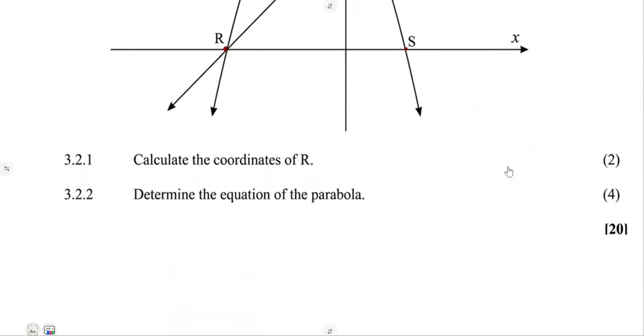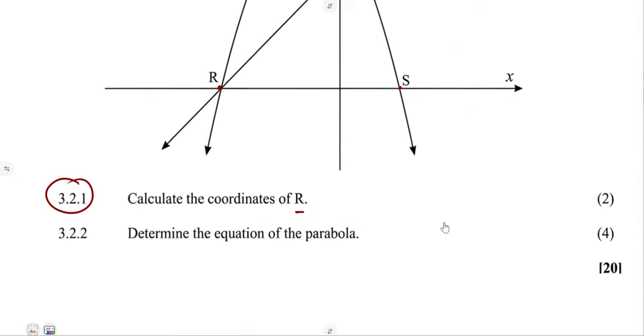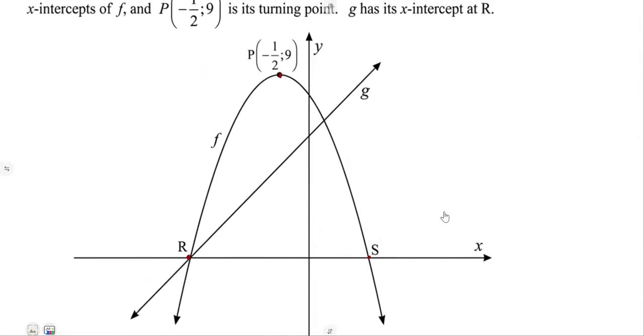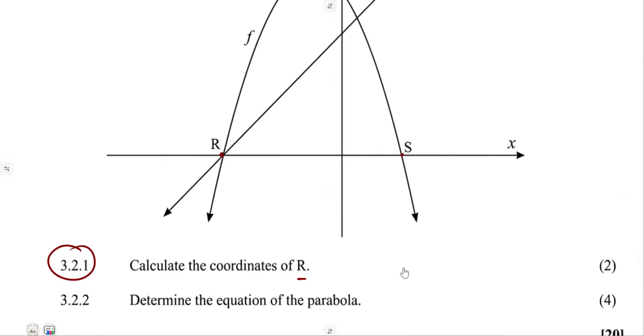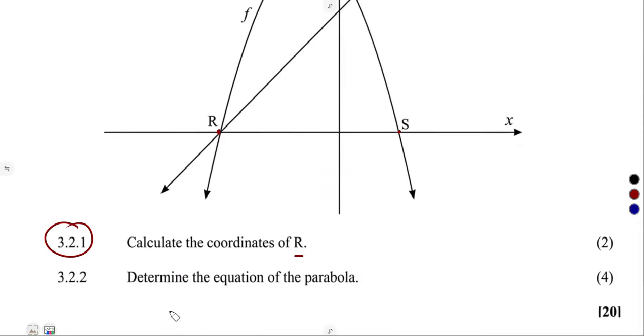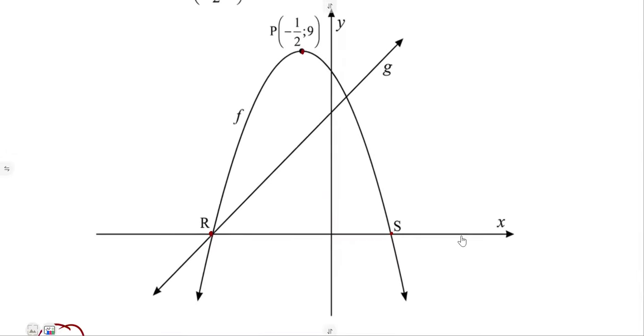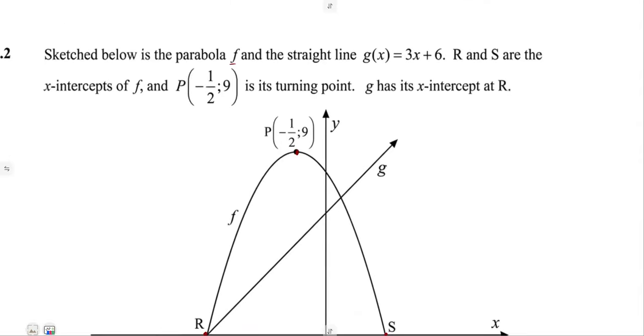From there, 3.21, you're being asked to calculate the coordinates of r. Let's see. If we had the equation of f, because we do not even have that one, they are even asking for the equation of the parabola. So there's no way we can actually deal with the parabola there. Let us just focus on the easier concept, which is the linear function, the straight line.